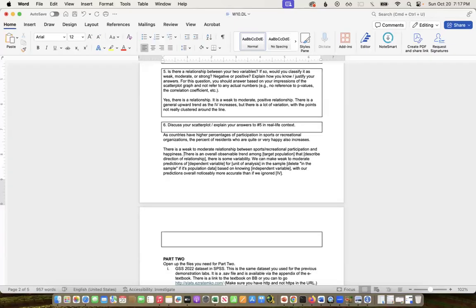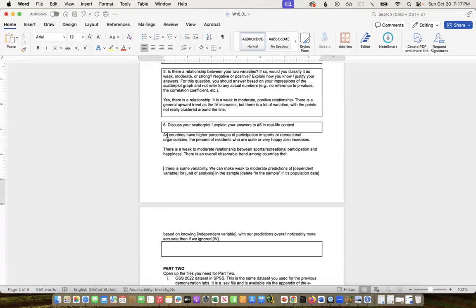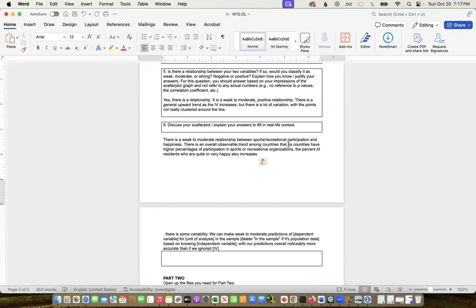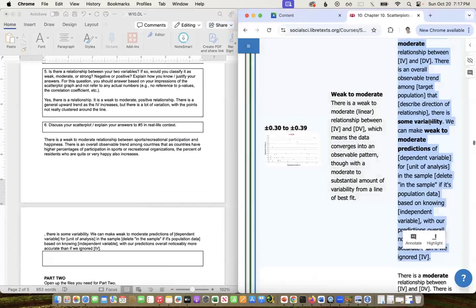There is an overall observable trend among countries that, and this is the direction. So here we go. As countries have higher percentages of participation in sports or recreational organizations, the percent of residents who are quite or very happy also increases. Oops, I erased.